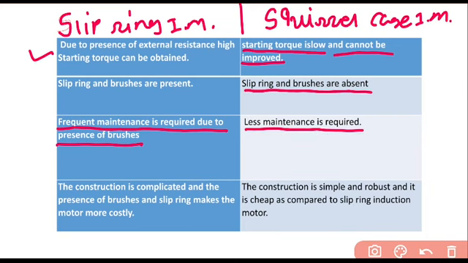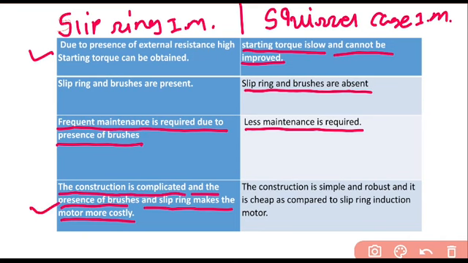In the slip ring induction motor, the construction is complicated, and the presence of brushes and slip rings makes the motor more costly. It is obvious that with more parts included, the construction and maintenance costs are high in the slip ring induction motor.